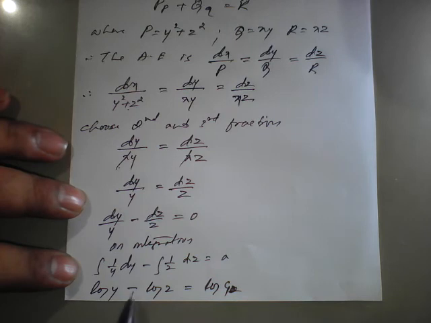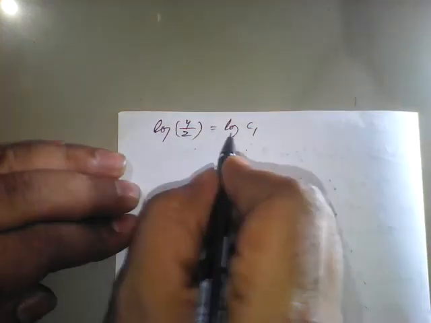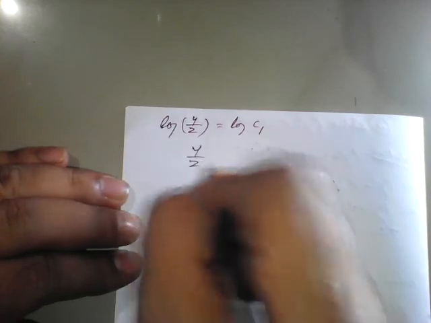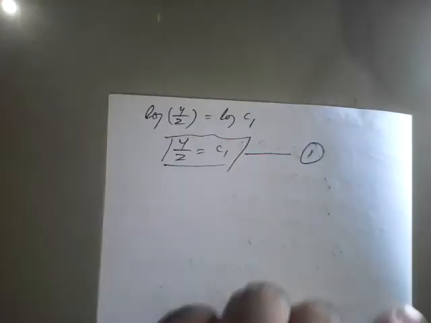On simplification, log y minus log z, that is log a minus log b, is nothing but log a upon b, which is nothing but log of y upon z is equal to log of c1. Log cancels, y upon z is equal to c1 is the first result by taking the second and third pair.